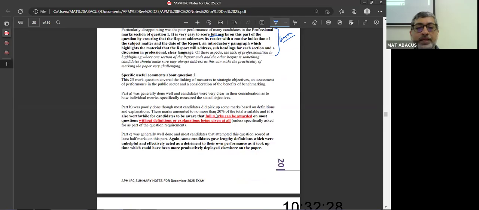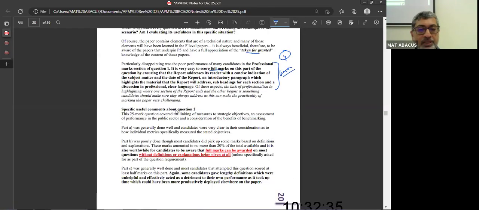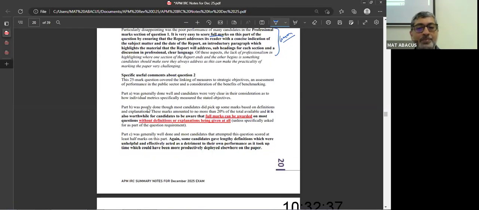So this one here, like I was saying, was in this exam on question 2 in September 2016. It says part B was poorly done, though most candidates did pick up some marks based on definitions. And like I said, it won't be more than 10, sometimes 20%. I normally say 10% because the 20% is only for some questions.